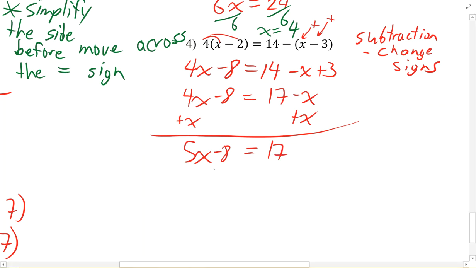What's the opposite of minus 8? Plus 8. And so we're left with 5x equals 17 plus 8, which is 25. Divide by 5, so the opposite of timesing is dividing. Do that to both sides. x equals 5. There we go.